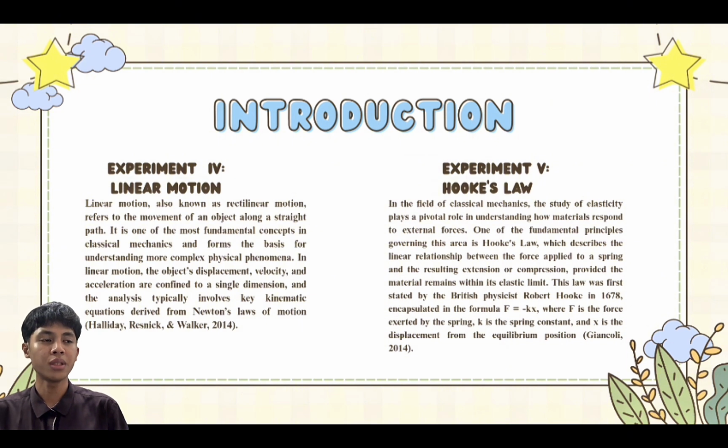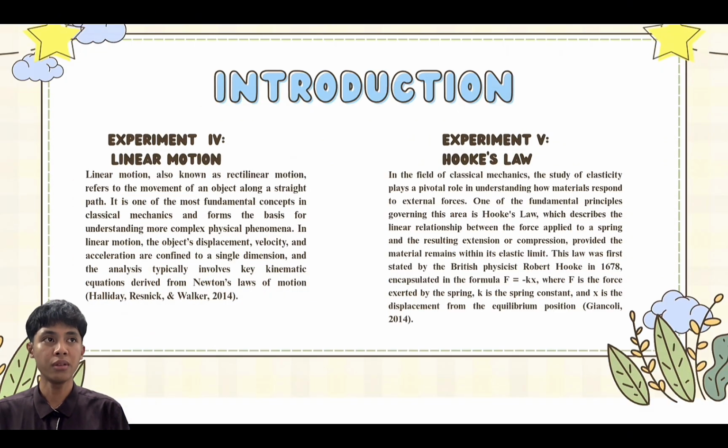This law was first stated by the British physicist Robert Hooke in 1678, encapsulated in the formula F equals negative kx, where F is the force exerted by the spring, k is the spring constant, and x is the displacement from the equilibrium position.